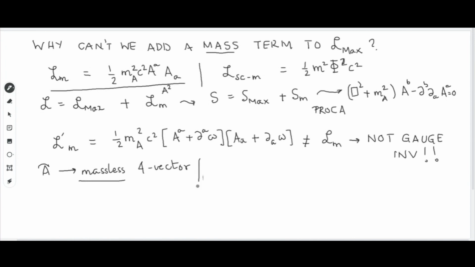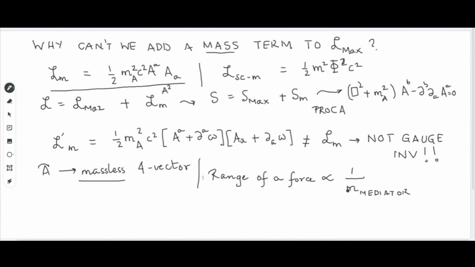The range of a force is proportional to 1 over the mass of the mediating particle, mediating field, mediator. So when you have a mass term like this, the range of the force due to the scalar field will be 1 over m.